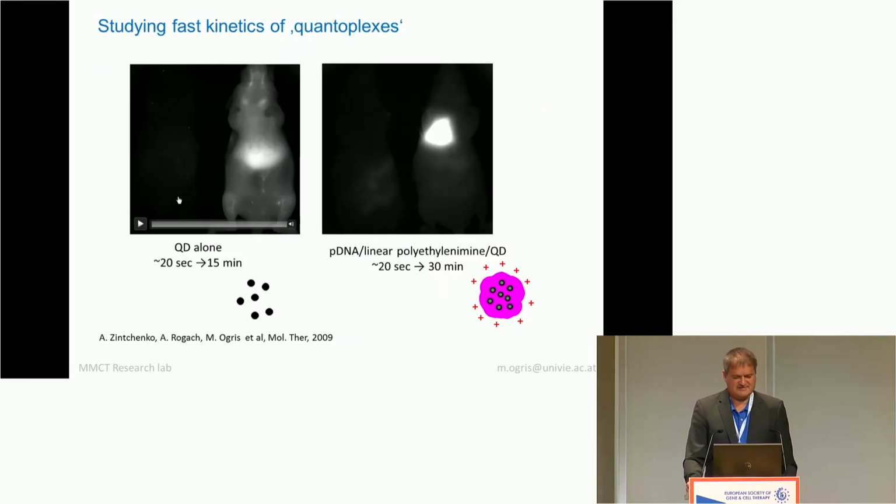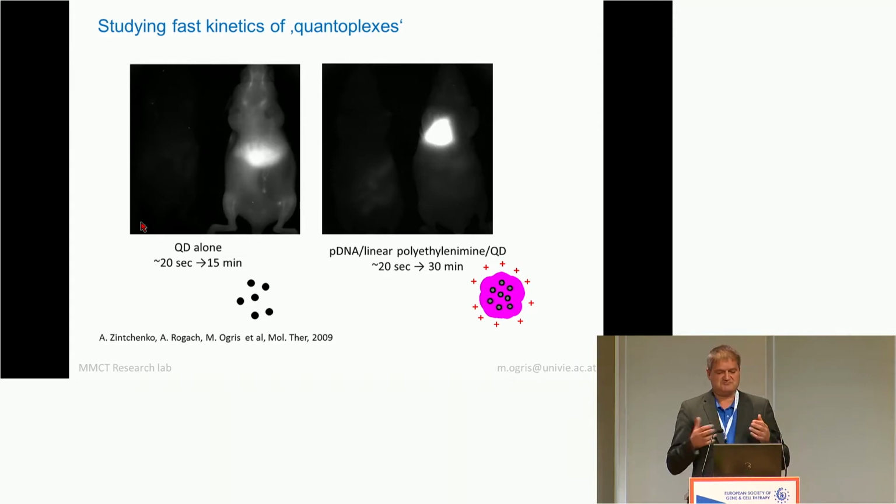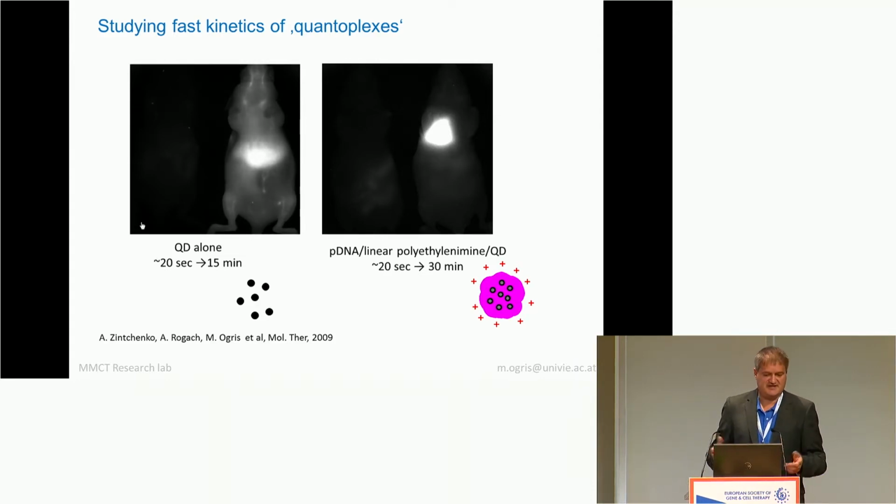This is one example we did some years ago with quantum dots. By the way, please also visit the poster session, poster number 375 by my colleague Haider Sami. He will give you more insights into these quantum dots and quantuplexes. So this mouse received quantum dots. And you see immediately after injection, this stuff is already sticking in the liver.